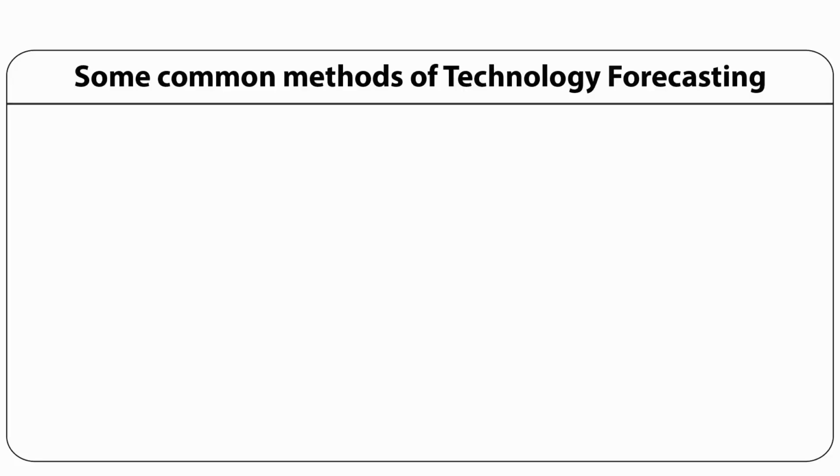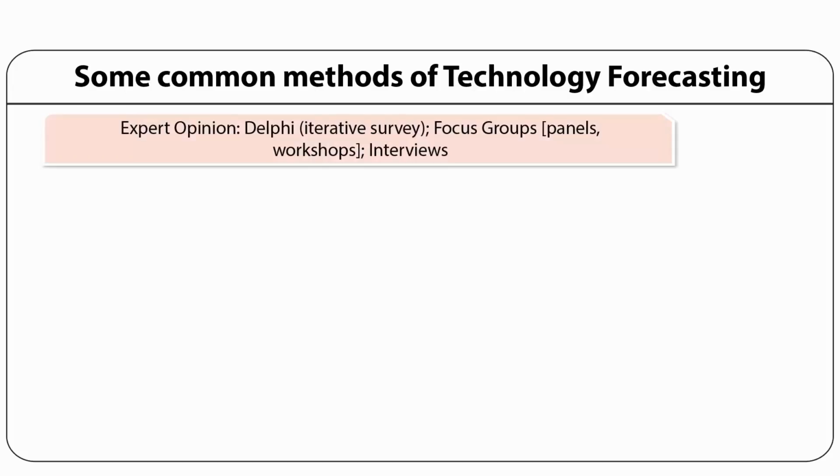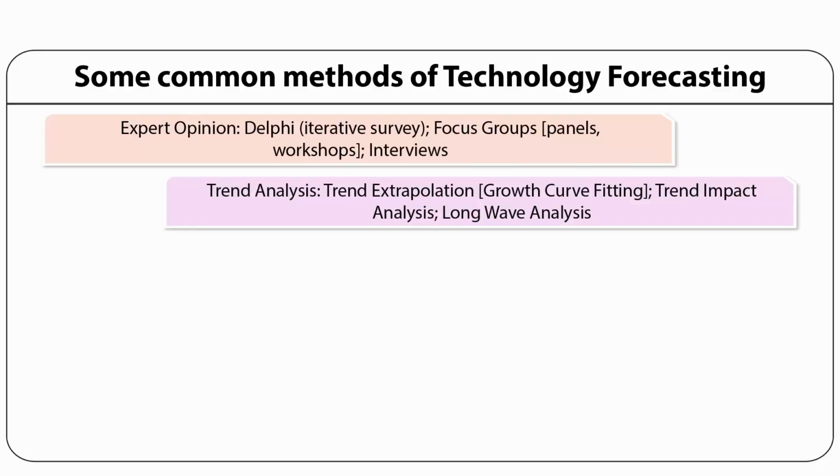Some common methods of technology forecasting are highlighted. Expert opinion, which includes Delphi, interactive surveys, focus groups, which includes panels, workshops, interviews. Trend analysis, which includes trend extrapolation, wherein growth curve fitting is an important area, trend impact analysis, long wave analysis.